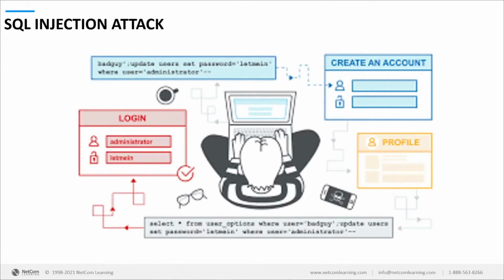And this is kind of a fair slide, but you should see there the select from. Normally, my login box might look like that, but what it looks like in computer talk is select from user options where user equals some name. And as here is updating the password, where the user is administrator.